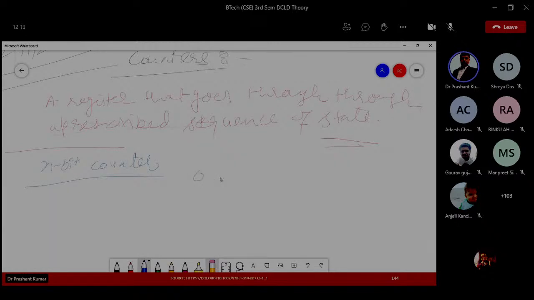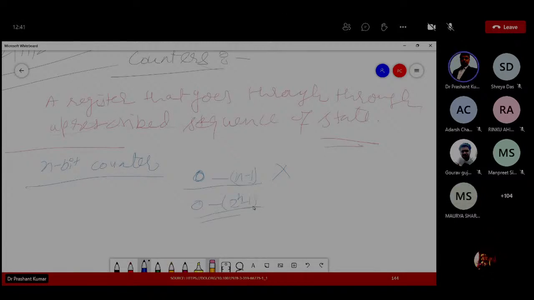So it can count 0 to n minus 1? No. Anyone else? 0 to? So 2 raised to power n minus 1.